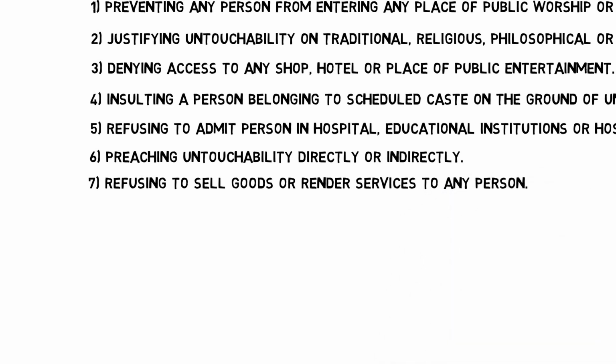If any person refuses to sell his goods to a person belonging to a scheduled caste or any other person in society, and if he refuses only because of untouchability, then such a person again can be penalized and punished under the Protection of Civil Rights Act 1955.